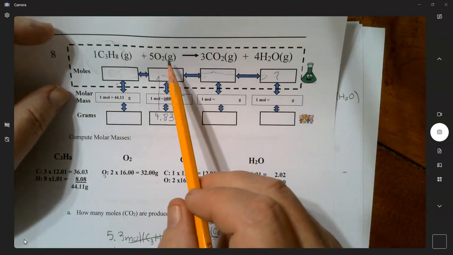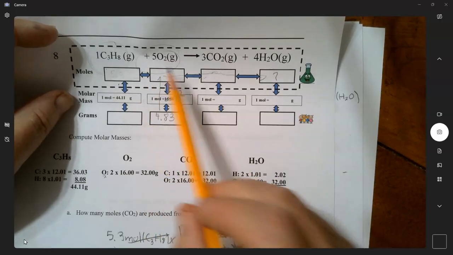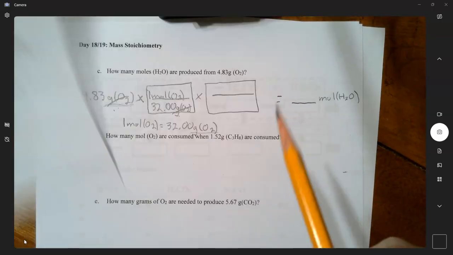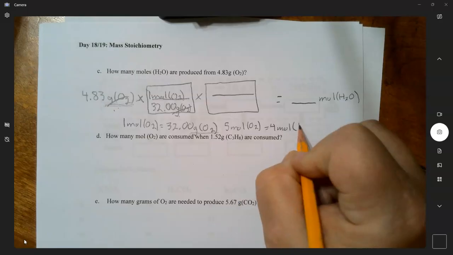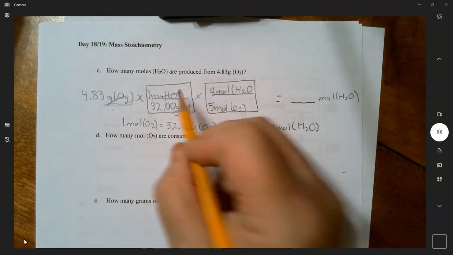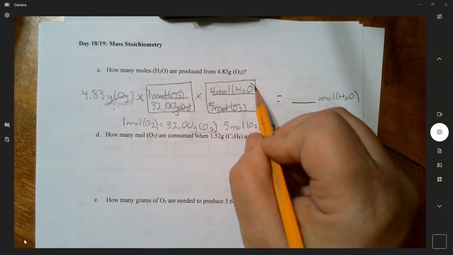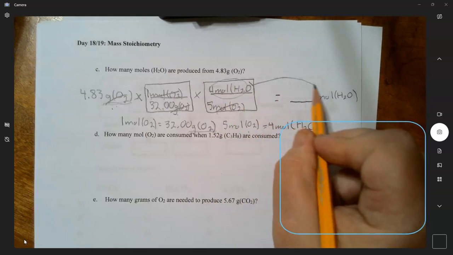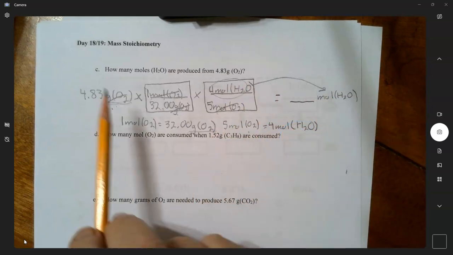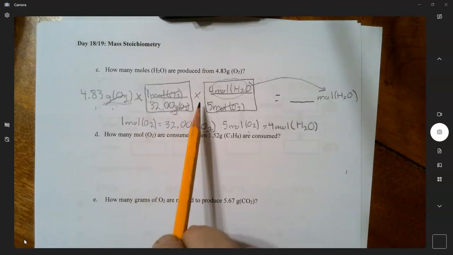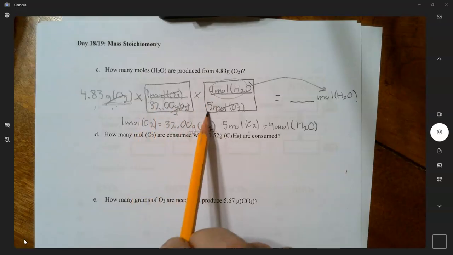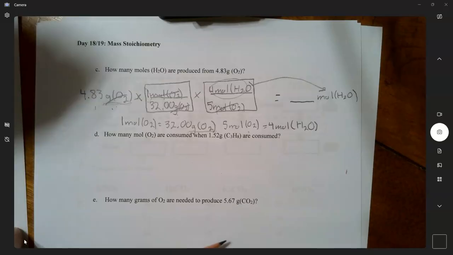And again, you get that right out of the equation. 5 moles of O2 equals 4 moles of H2O. Cancel moles of O2. Last man standing is moles of H2O, which is what we want. So now 4.83 times 1 times 4 divided by 32 divided by 5.